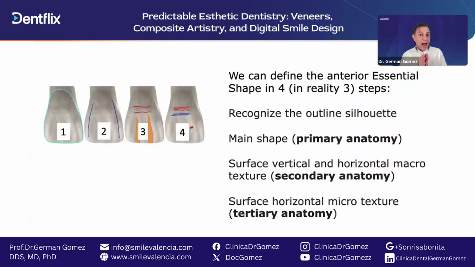Good. Then, how do we give the composite a nice anatomy in the front? Well, the anatomy in the front teeth is divided in 4 different steps. The first step is the overall anatomy. So how does it look? Is it more squarey?